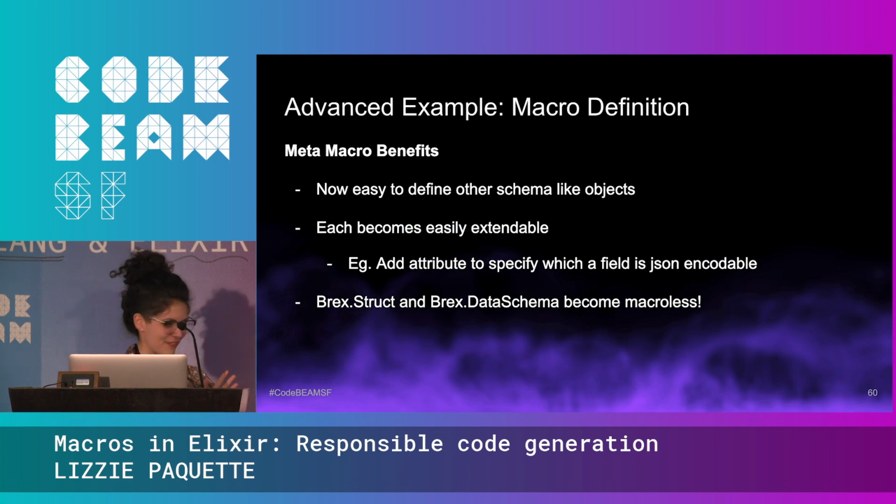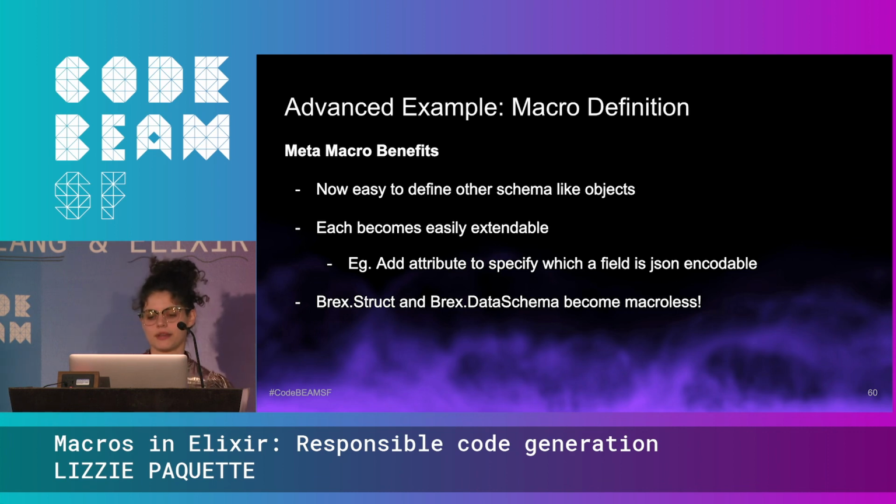Why a meta macro? Well, instead of having to write these big, complex macros over and over again, especially if we wanted to have more schema-shaped objects, now it would become easy to define these schemas. Also, they would become easily extendable.